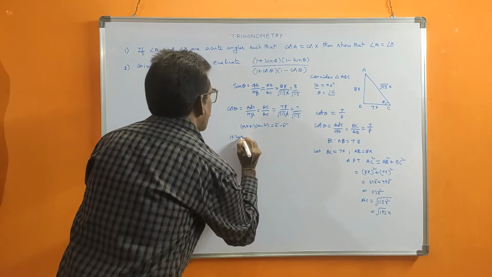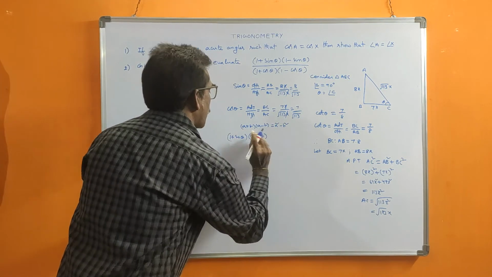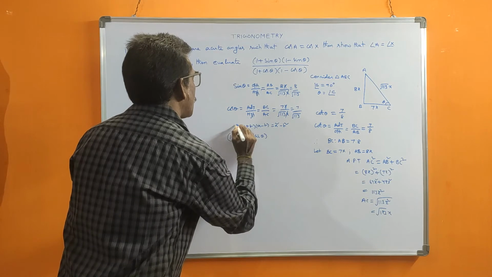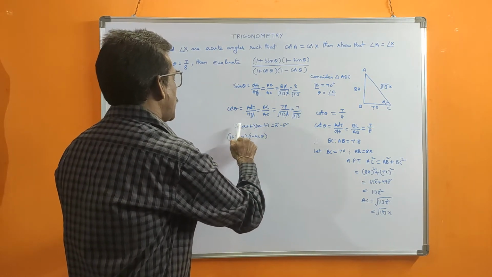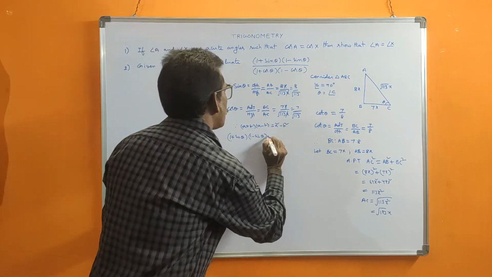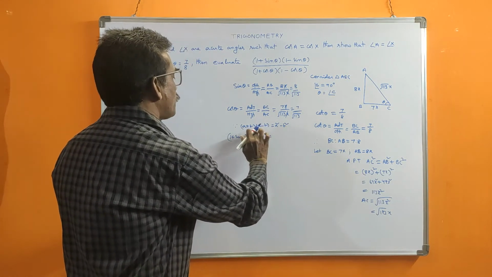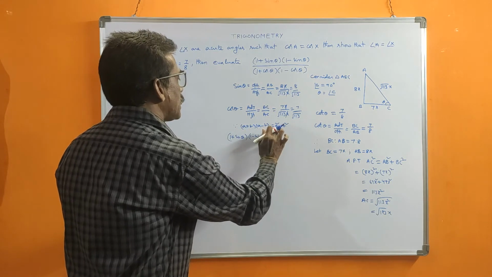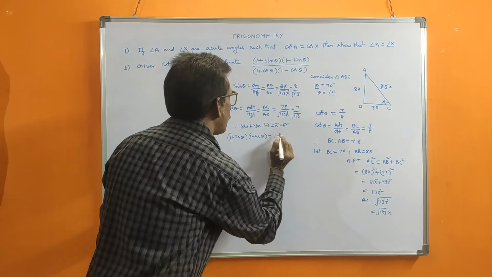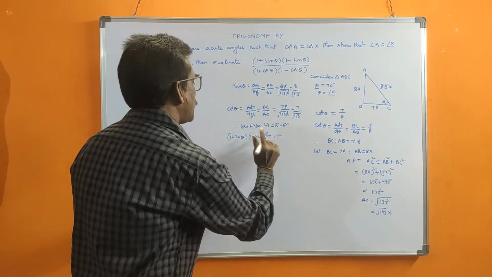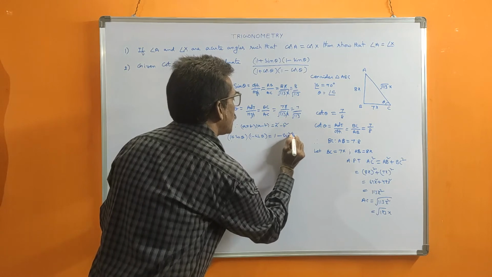So for 1 plus sin theta into 1 minus sin theta, instead of a we take 1, instead of b we take sin theta. So it is in the form of a square minus b square. A square means 1 square is 1, minus sin square theta.